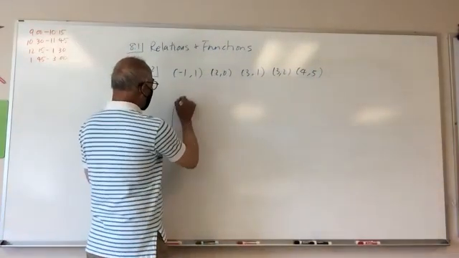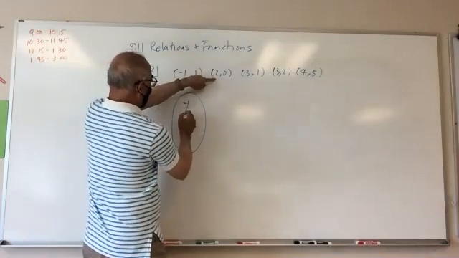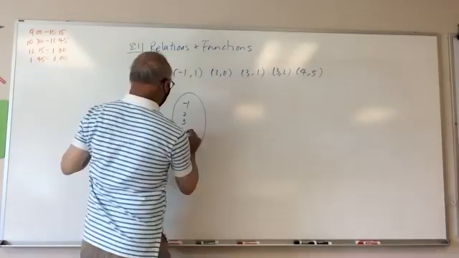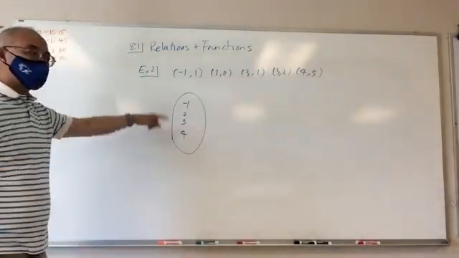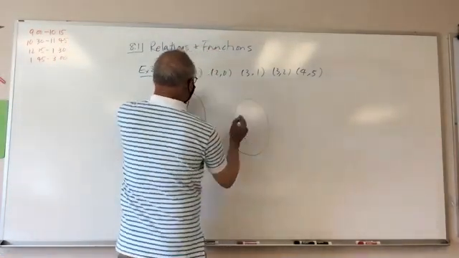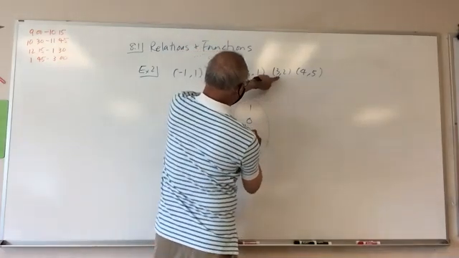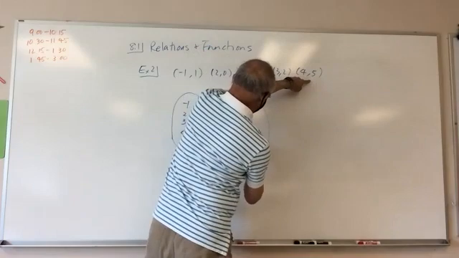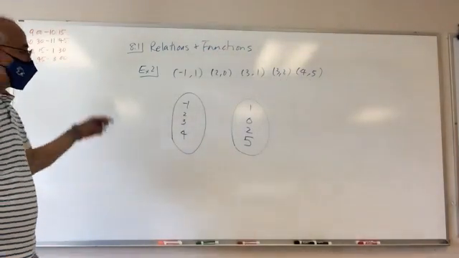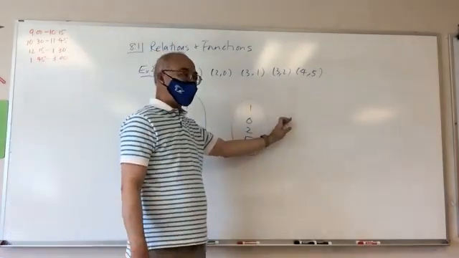All of the inputs, all of the X's, will be -1, 2, 3, 3, and 4. These are all the possible X's. The possible outputs, my range, are 1, 0, 1 which I already have, 2, and 5. So we have all the inputs and all the outputs. Let's go ahead and map them.